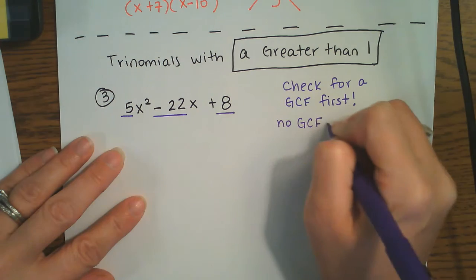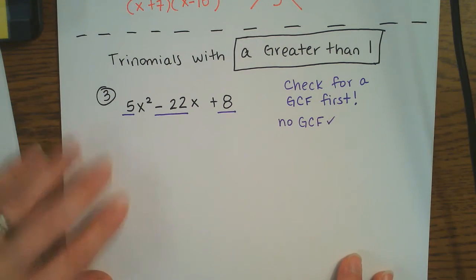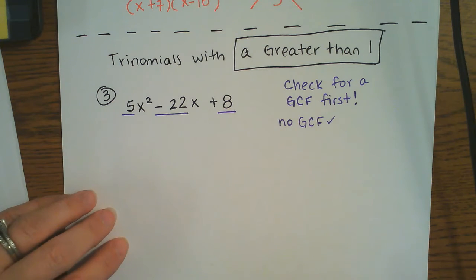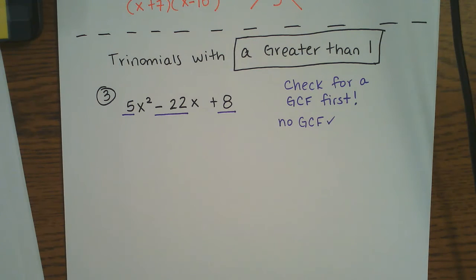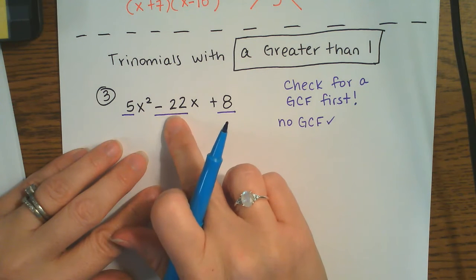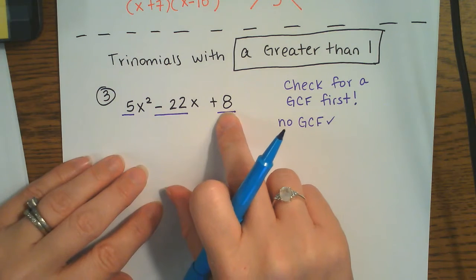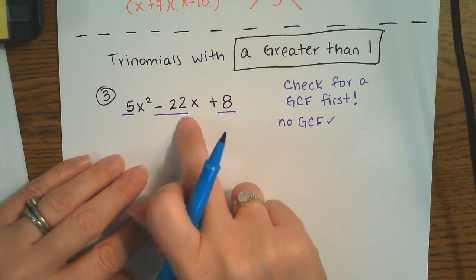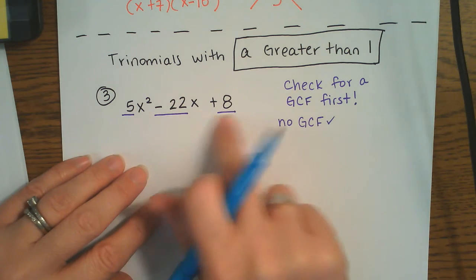So we can check that off our list. Now what we will do is multiply. So we can't just find factors of 8 that add to negative 22. There won't be factors of 8 that add to 22. So you'll kind of be stuck there.